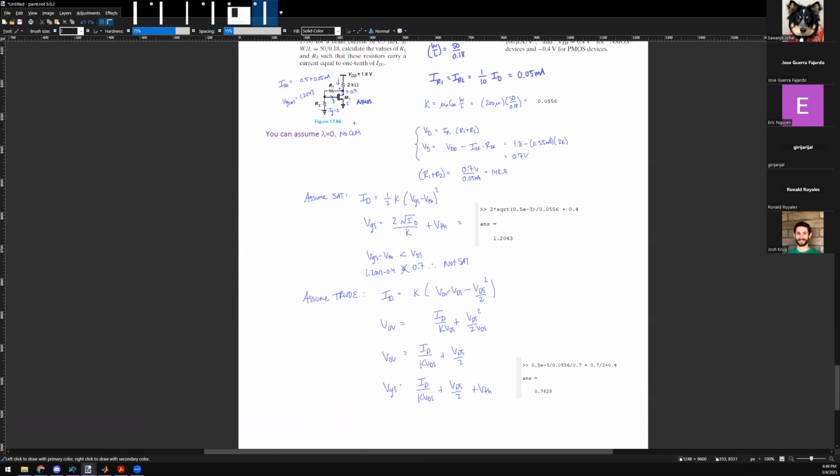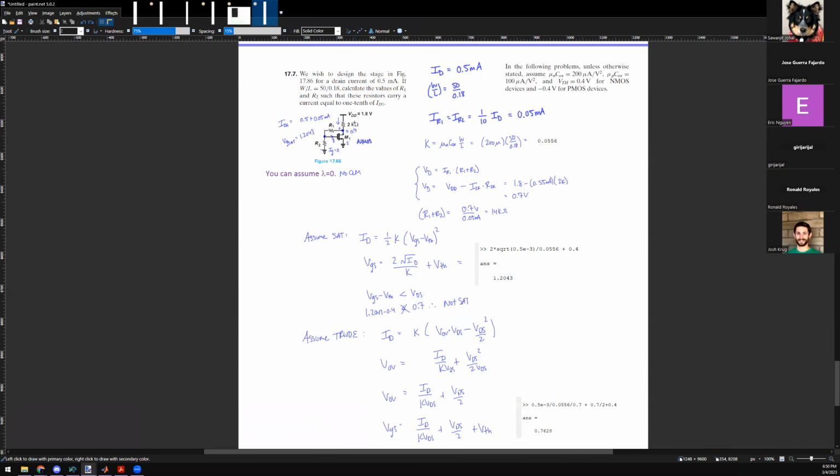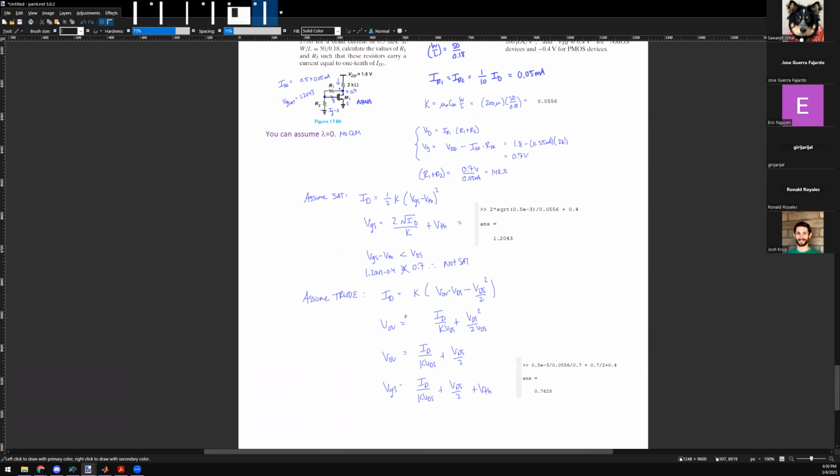I feel like this should have been saturation. Let me look it up. 0.5 milliamps times 2 divided by that plus 0.4. That should be good. 1.2 is too high.